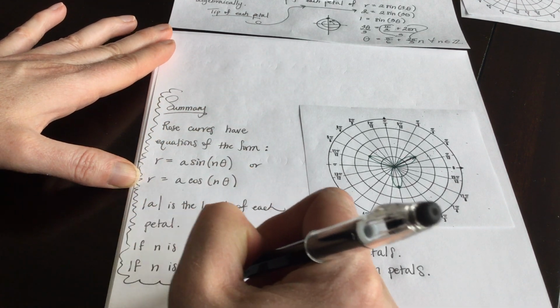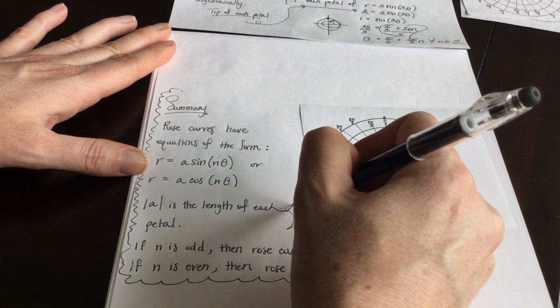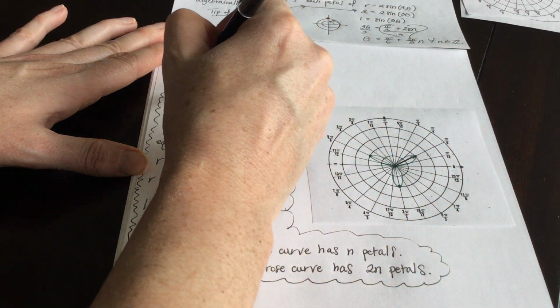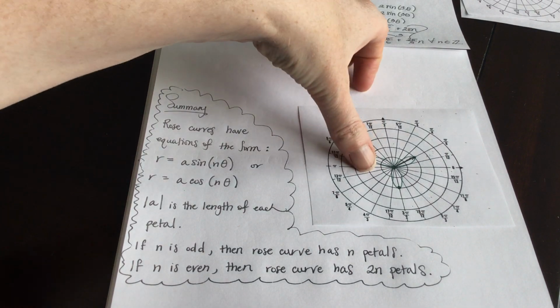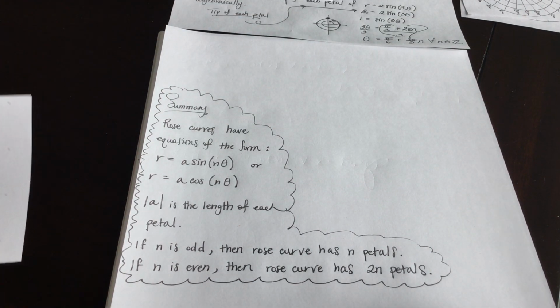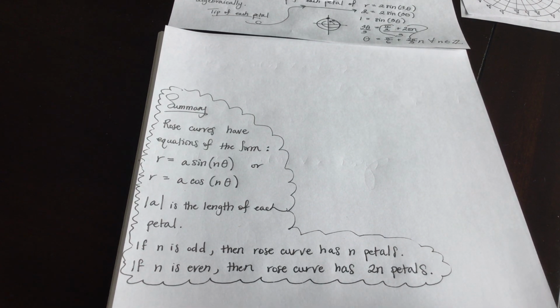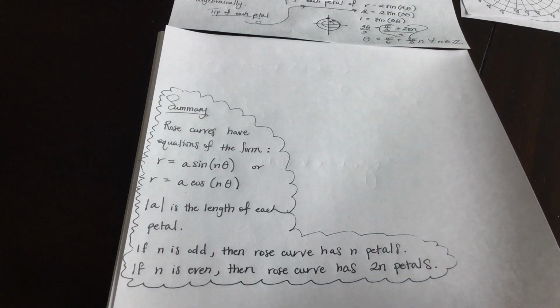And we'll talk about how that would affect your algebraic work for graphing something that has an even multiplier on your angle there. Okay, so let's move on to example 7.